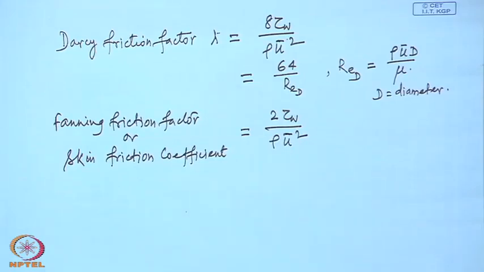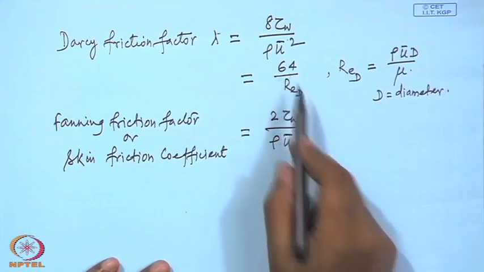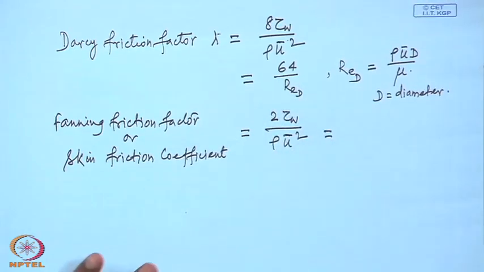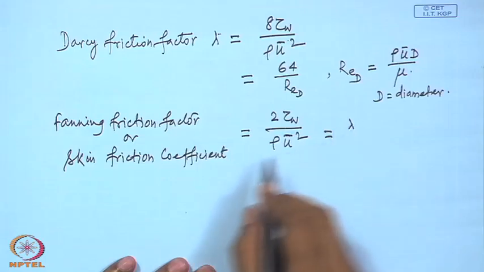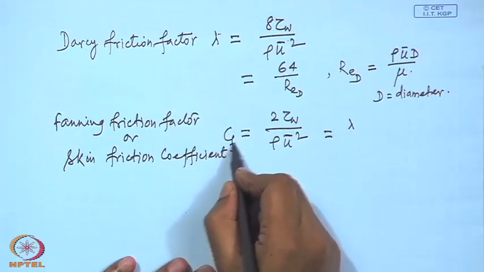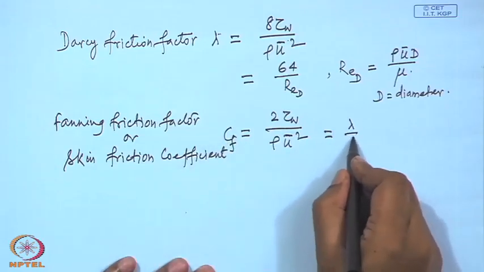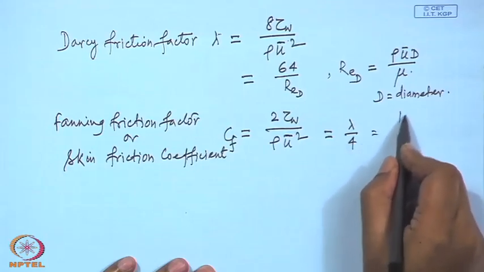Most often we will call it tau w by half rho u square, that is wall shear stress by half rho u square. And obviously, from here it will be 1/4 of this lambda. By definition, we will write this as C f equal to lambda by 4 in this case.